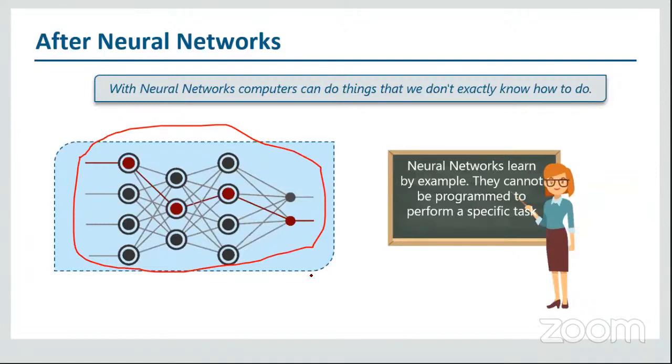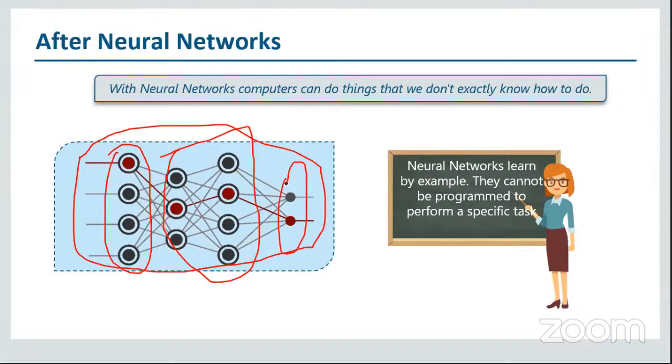So this is a very simple high level representation of a neural network. This is the input layer, what we call an input layer. These are your hidden layers. We will talk about it in detail. This is the output layer.